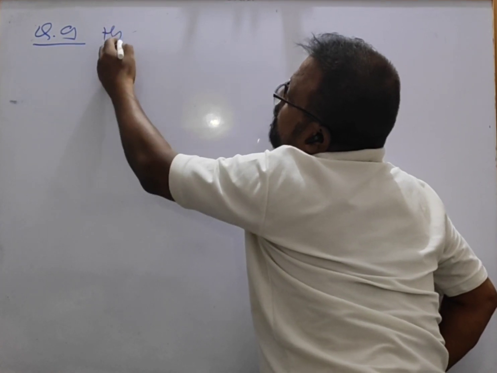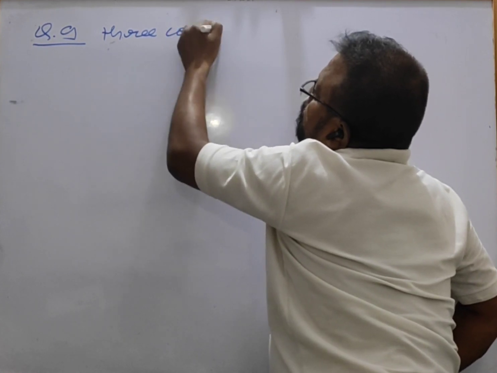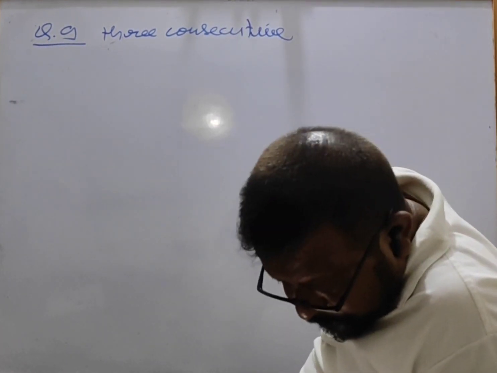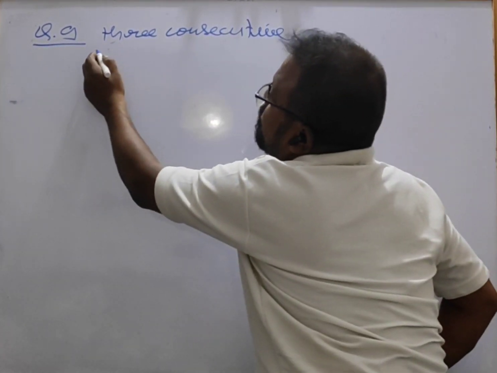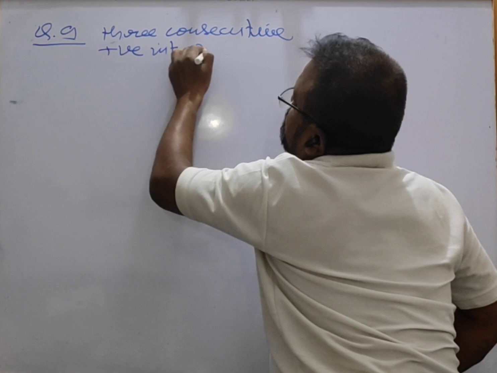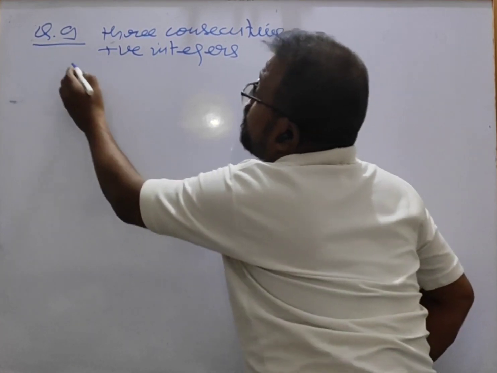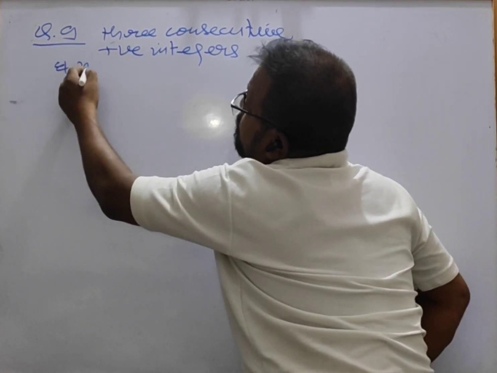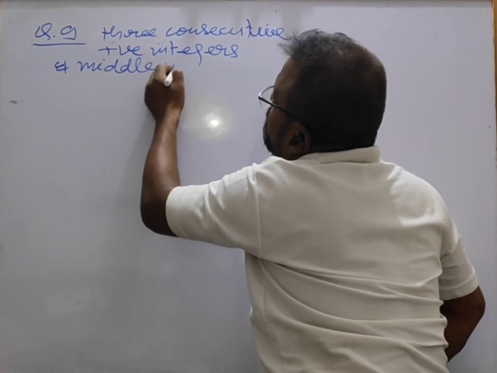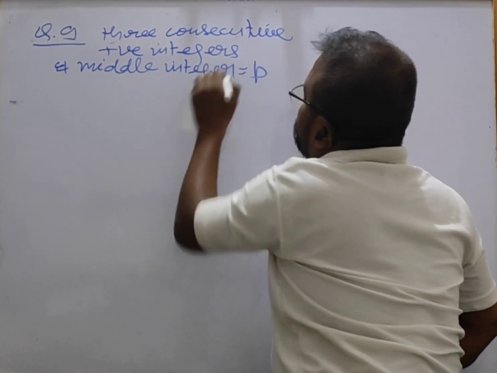Three consecutive positive integers and the middle integer is equal to p.